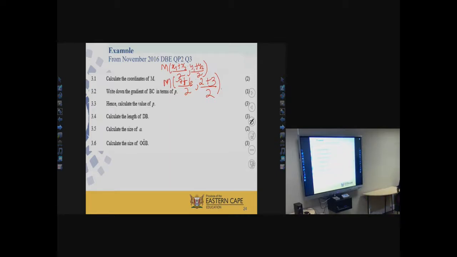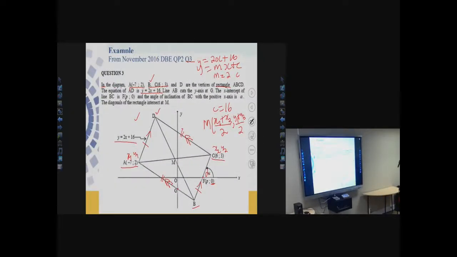Then the next question, write down the gradient of BC in terms of P. Now, the question is, what is happening at BC? Here is BC.